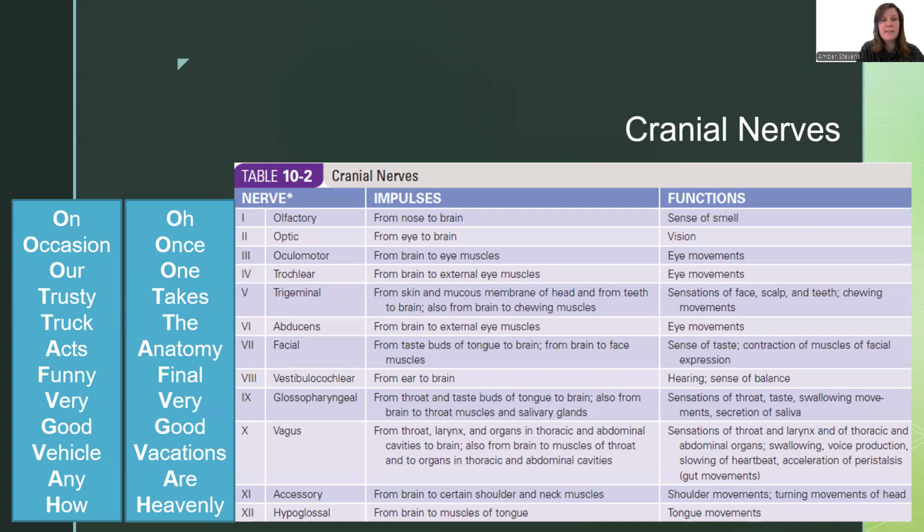It follows each of those names of the nerves. Another saying, if that one's hard to remember: on occasion our trusty truck acts funny, very good vehicle anyhow.